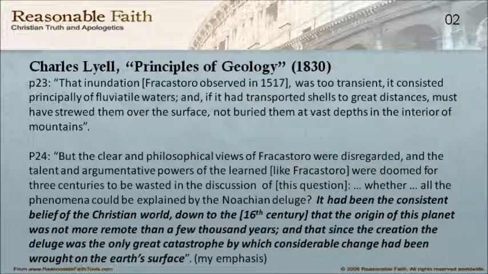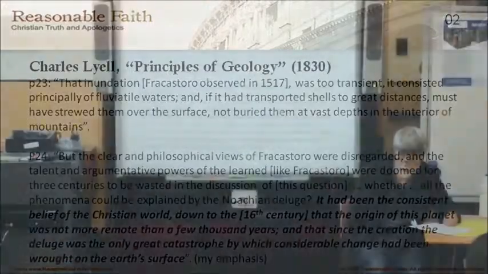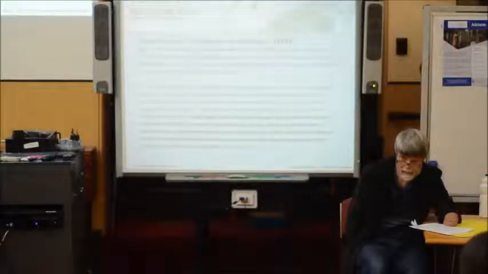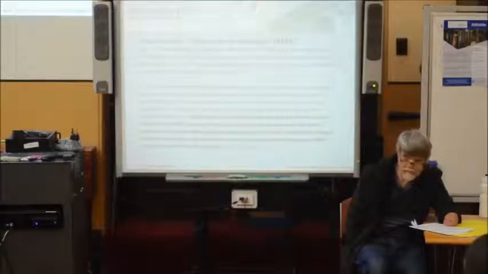It had been the consistent belief of the Christian world down to the 16th century that the origin of this planet was not more remote than a few thousand years, and that since the creation, the deluge was the only great catastrophe by which considerable change had been wrought on the Earth's surface." I put my emphasis on a bit of that because I think it describes my position very well.